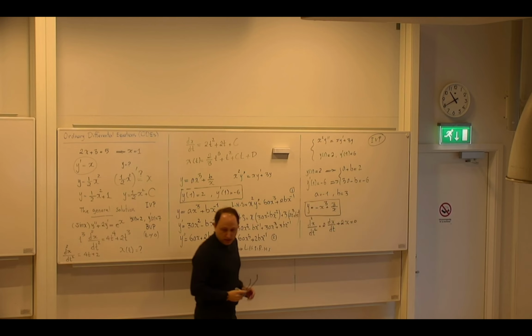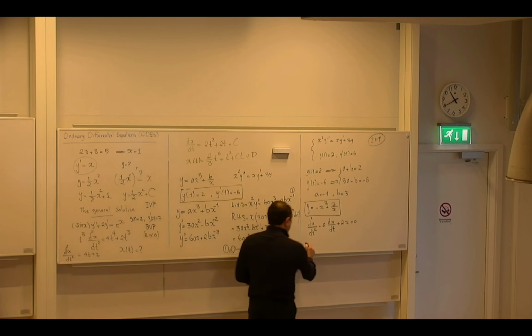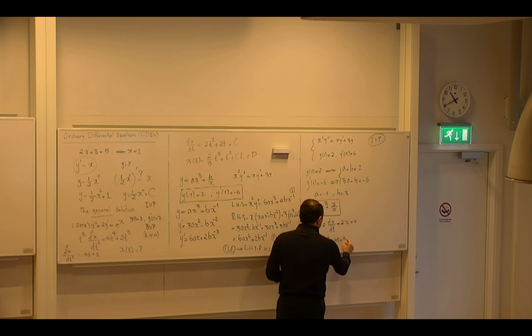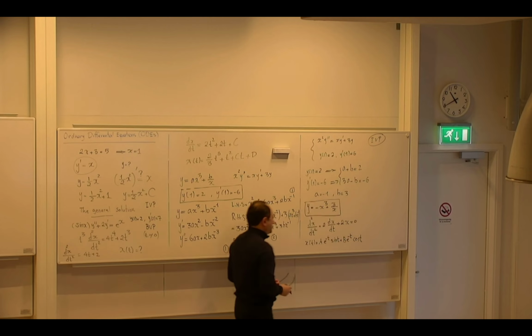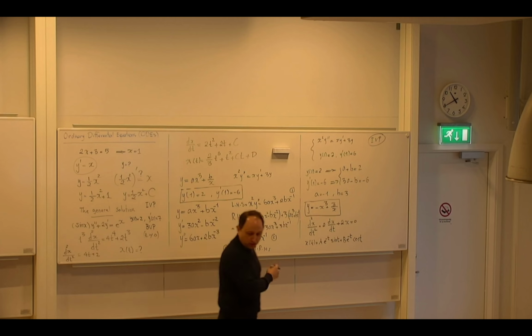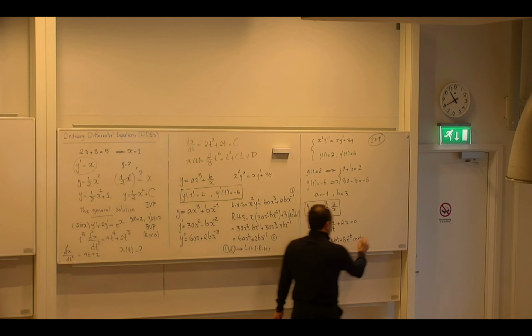And I'm asking you to show that x(t) equals a e to the power minus t sine t plus b e to the power minus t cosine t is the general solution of this differential equation. And then we want to use this to solve this initial value problem.